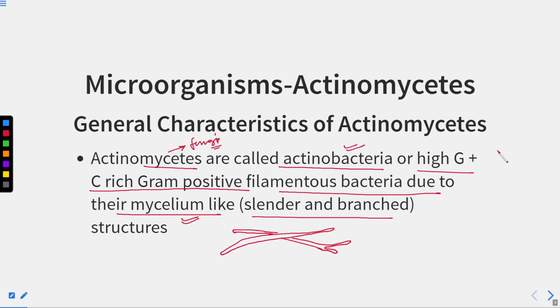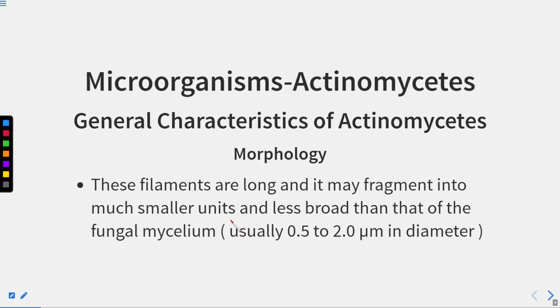They have a high GC-rich region in their DNA, and they are gram-positive filamentous bacteria due to the presence of their mycelium. They appear like fungi, but actually they are actinobacteria.